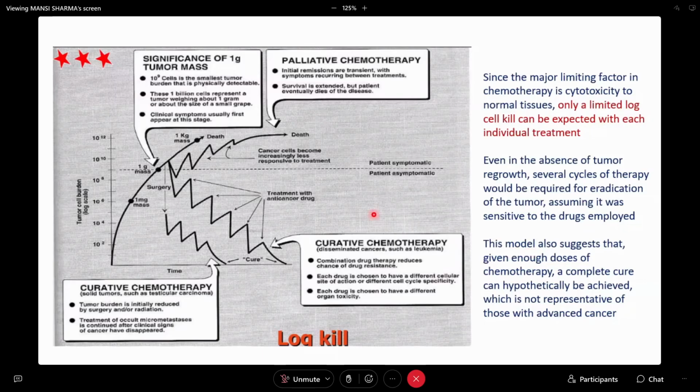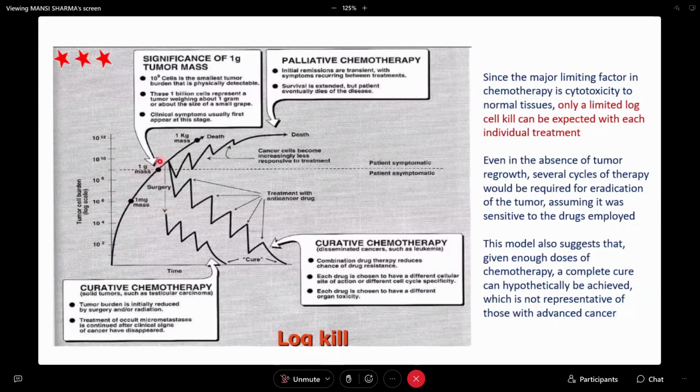Now, building onto this, this is a very important graph or diagram, and I'm going to discuss it in detail. If you look at this dotted line, this is when the patient becomes symptomatic. Everything below this is the preclinical phase of the cancer. Usually a 1 mg mass, when the cancer is actually very, very small, is approximately 10 power 6 cells in that particular tumor.